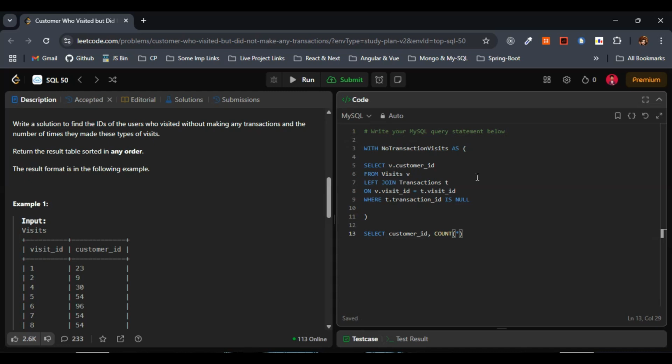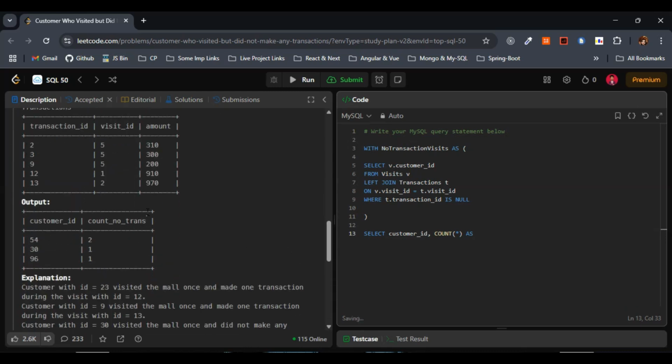We have to count all of these per each customer, means for all customers, right? That is the reason I'll be going with the star, as count_no_trans. So let me copy the same thing and paste it over here, count_no_trans. So we are counting the visits without transactions per each customer here, right?